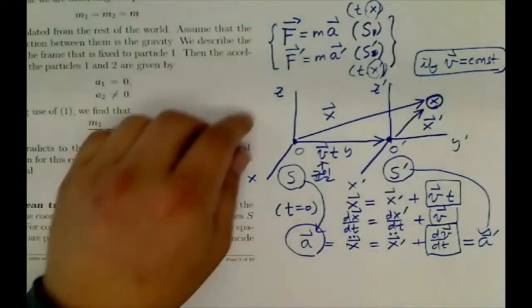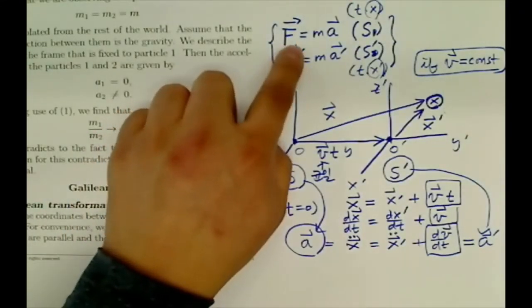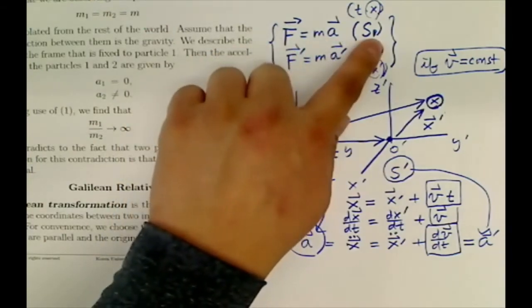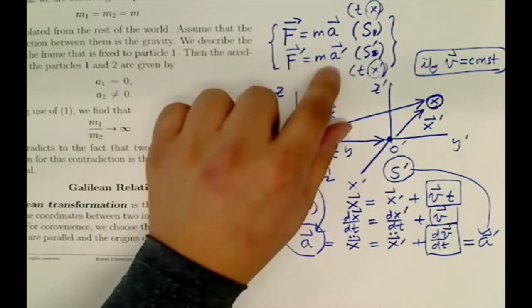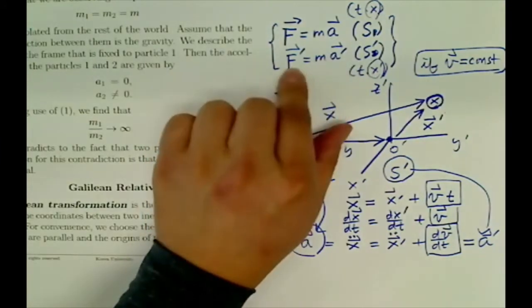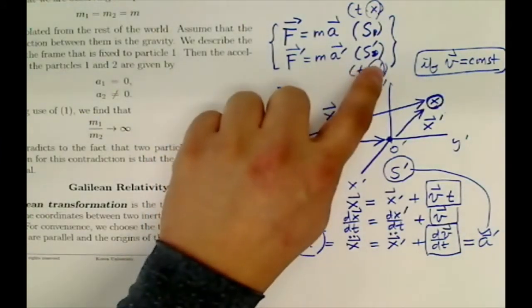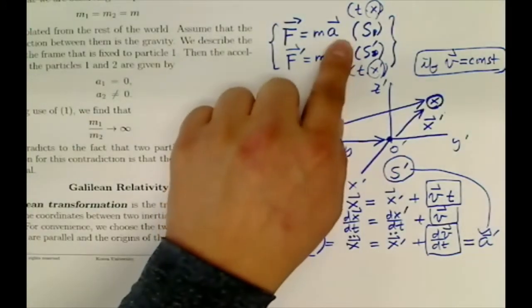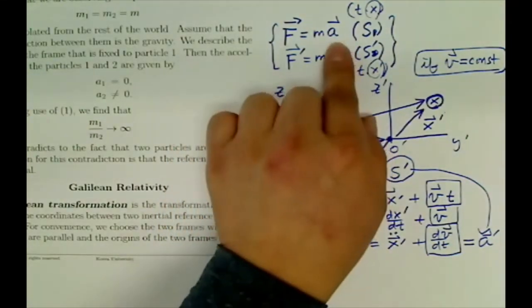Therefore, if F equals ma is written in frame S, then F prime equals ma prime, that is the physics law written in S prime, and actually they must be the same. Why? a is identified to be a prime. So for a prime, we do not have to introduce a different acceleration.